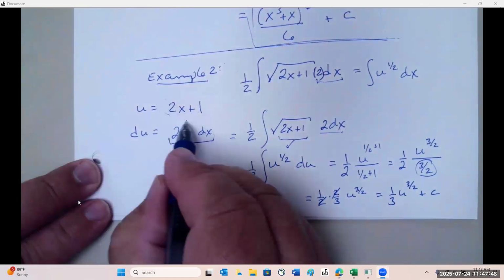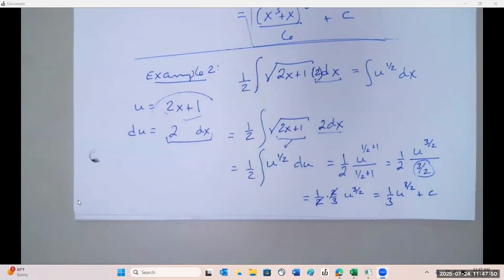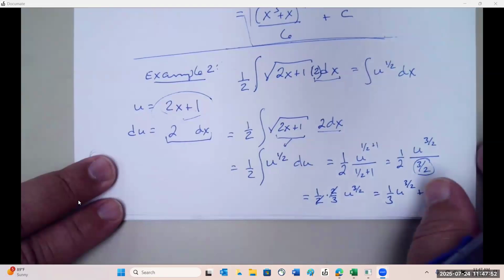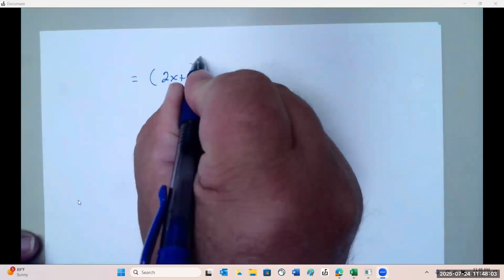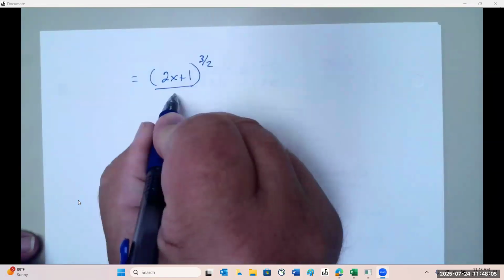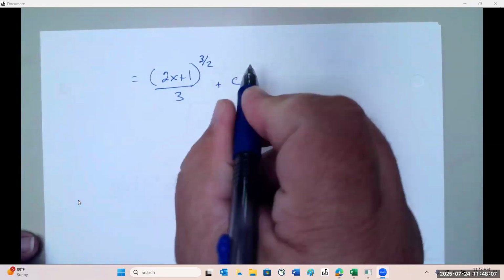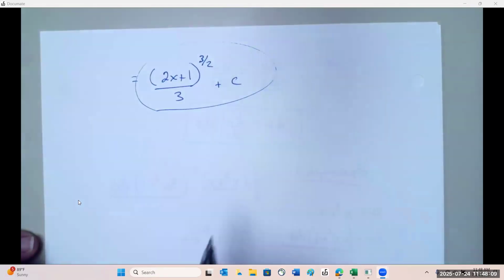No, because we have to put it back into our terms of x. So the final answer is going to be (2x plus 1) to the 3/2 power divided by 3 plus c. There's my answer.